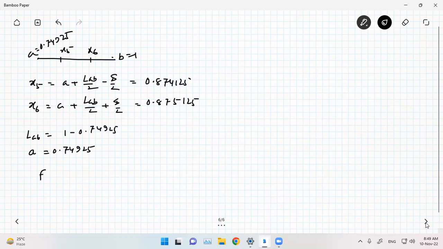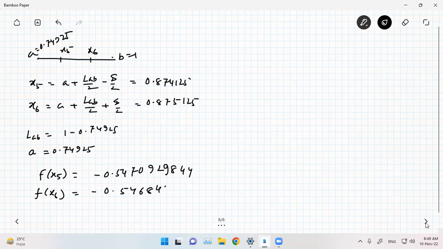And corresponding values of f(x5) and f(x6), we'll just calculate, and you're going to get minus 0.5470929844 and minus 0.5468437342.